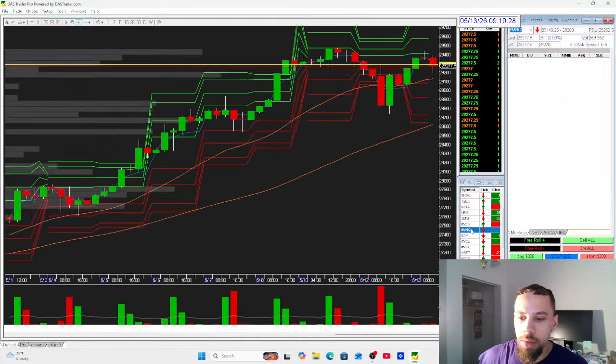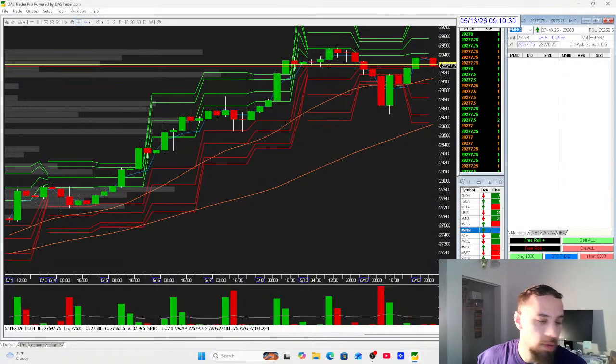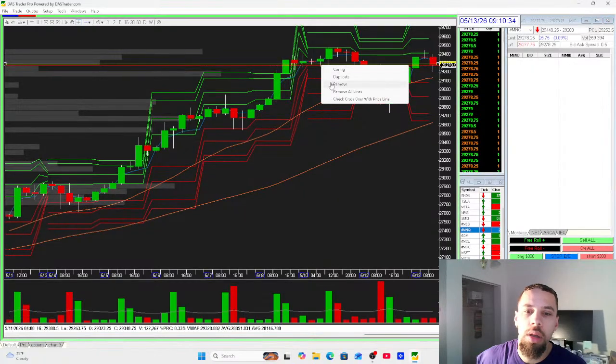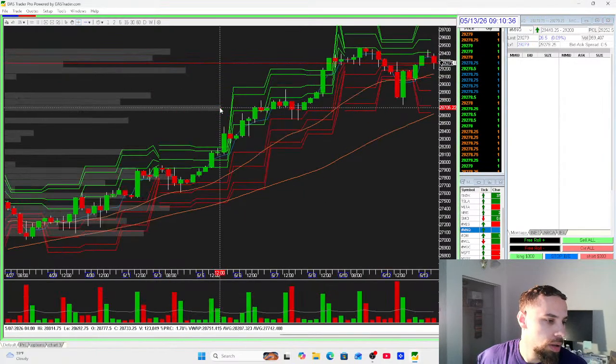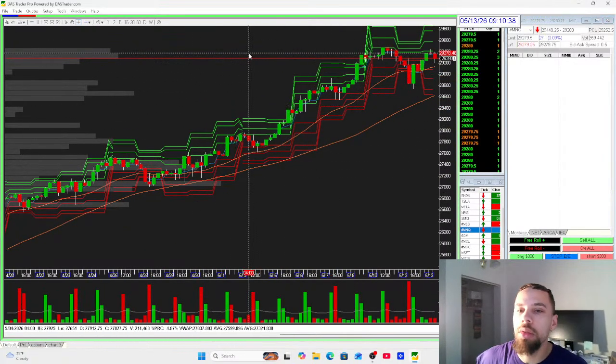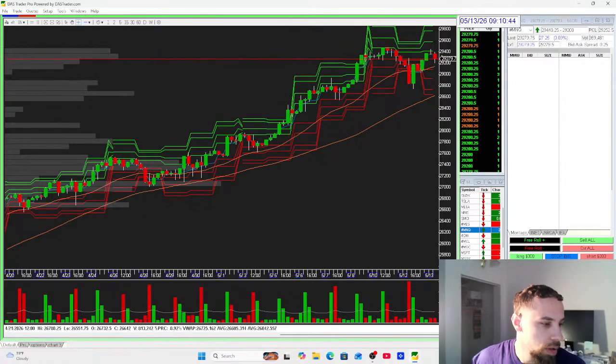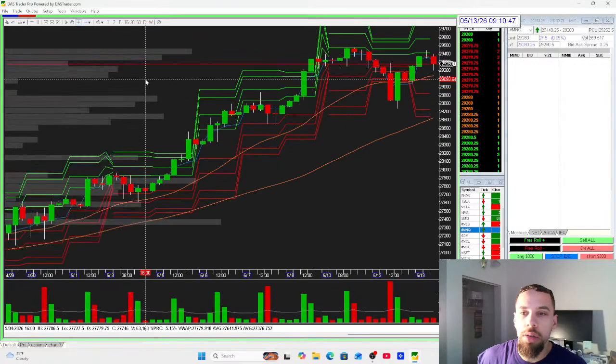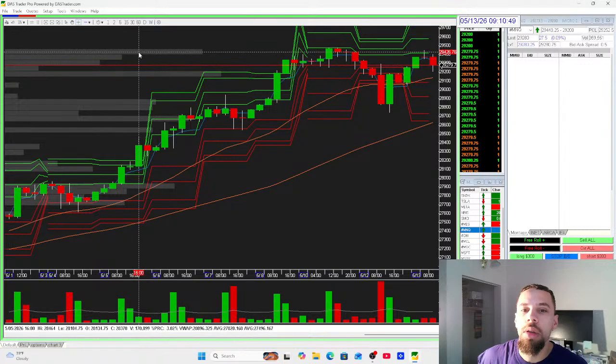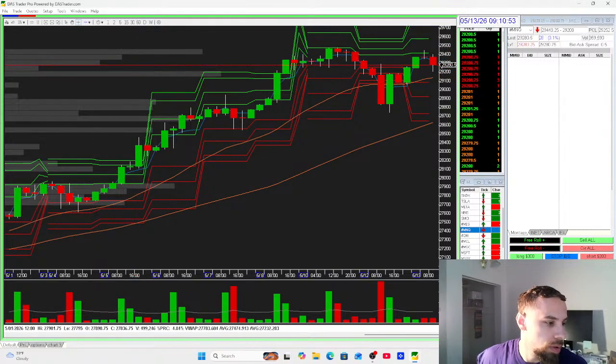All right. So for levels, I'm just marking areas where there's lots of bounce points. On this chart here that you guys can see is a 240-minute chart or a 4-hour chart. To my left is a 60-minute chart. It's just helping me see some obvious areas of where there's lots of liquidity occurring.